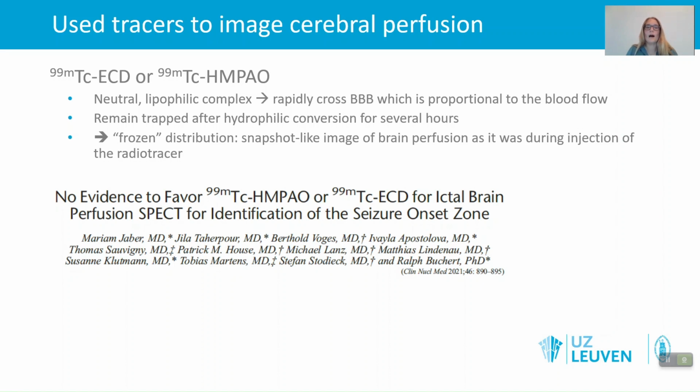Then they undergo a hydrophilic conversion, which makes them remain trapped in the tissue for at least several hours, which gives us the advantage that we have some kind of frozen distribution, that we can make a snapshot-like image of brain perfusion as it was during injection of the tracer, but at a later time point.